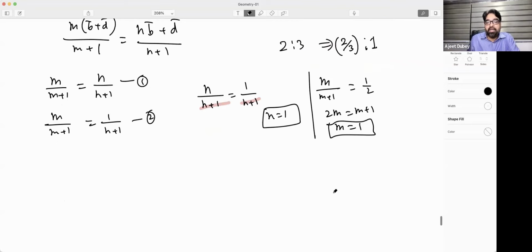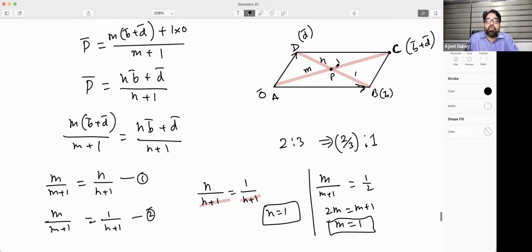Suppose this P is the point, and this is A, this is B. You can assume the ratio M is to N, as well as you can assume the ratio M by N is to 1. Both are the same thing. I took M is to 1 because if I take M is to N, two unknowns will be there and the calculation will be lengthy. For a ratio, always take something is to 1, and that something will automatically come.